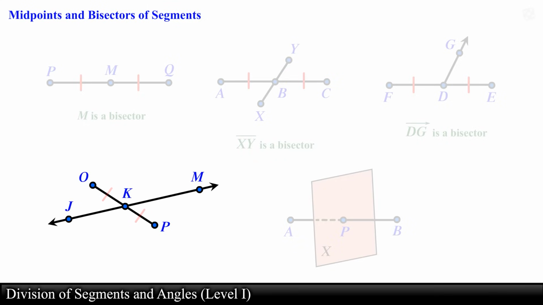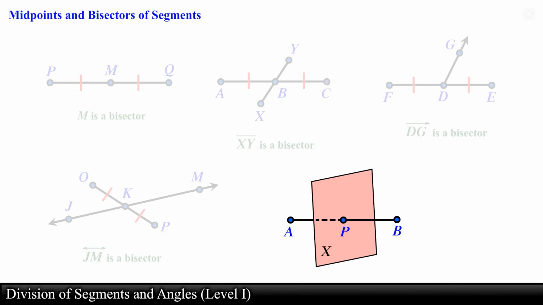In the next figure, segment OK is congruent to segment KP. We can conclude that point K is the midpoint of segment OP. We can also conclude that line JM is a bisector of segment OP, since it is collinear with the midpoint K. As a final example, in the following diagram, plane X bisects segment AB at its midpoint P. You can think of this plane as slicing segment AB at point P, creating two congruent segments, in this case, segment AP and segment PB.